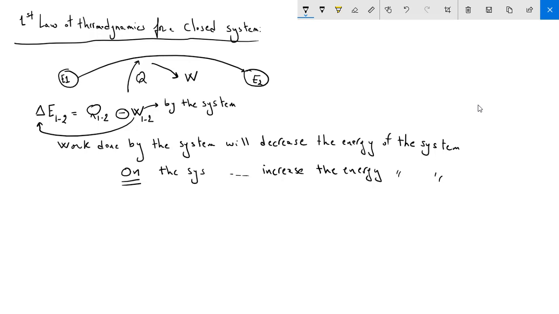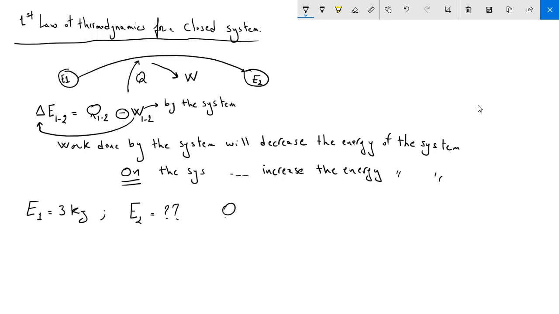So, for example, if the system at state 1 has an energy E1 of 3 kilojoule, and by interaction with the surrounding, it now has some energy E2.